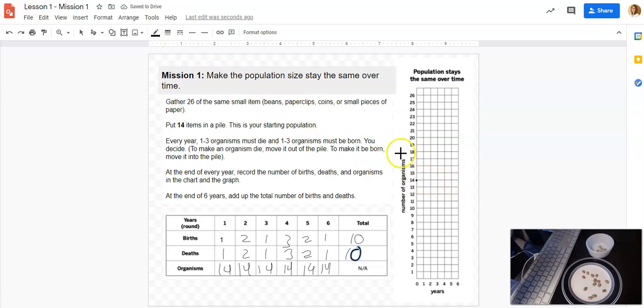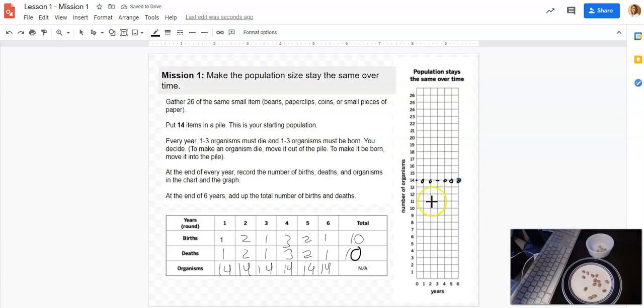Oh, that's not big enough. Year 2, I had 14. Year 3, I had 14. Year 4, I had 14. Year 5, 14. And year 6, 14. It's okay if this is a little bit messy.